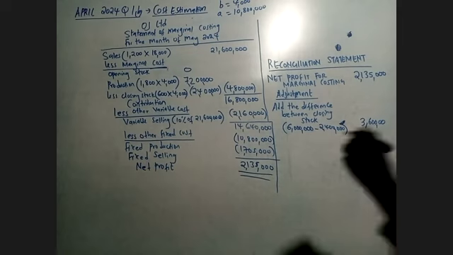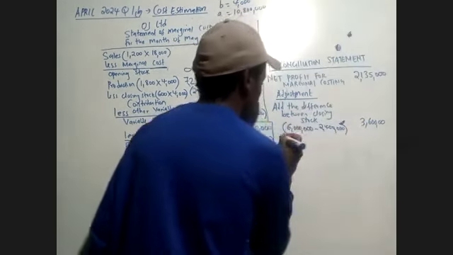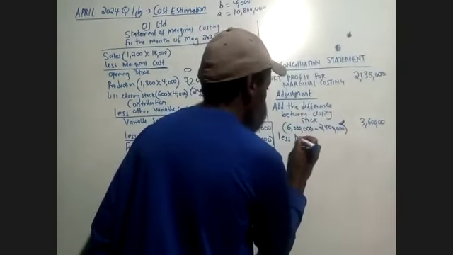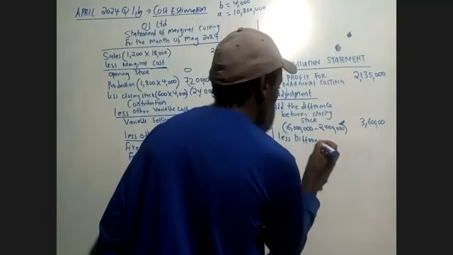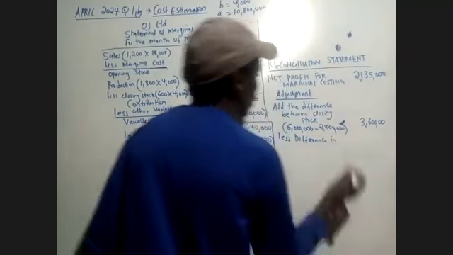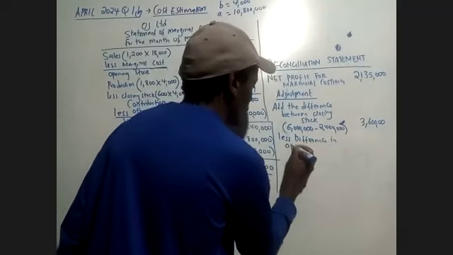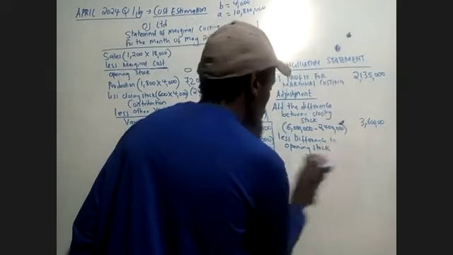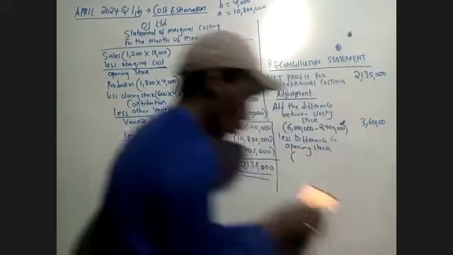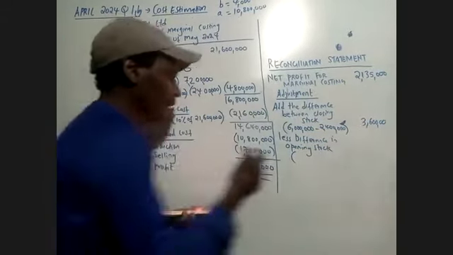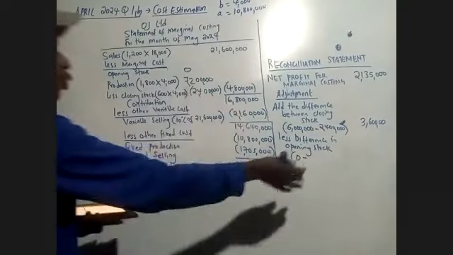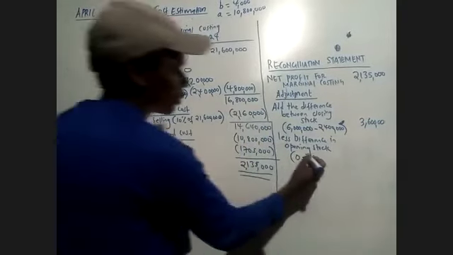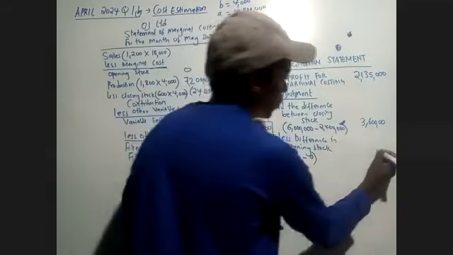And then we are supposed to less difference in opening stock, but you remember hatukuwa na opening stock. So kwa hapo nikiangalia hapo opening stock kwa absorption hawakutupea, so ni 0. So 0 minus 0 ni 0.